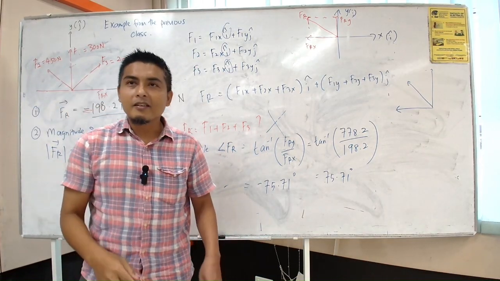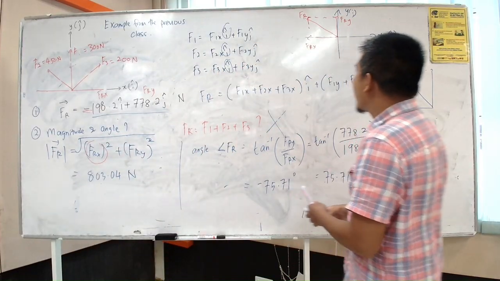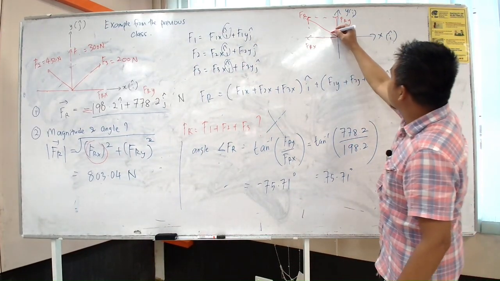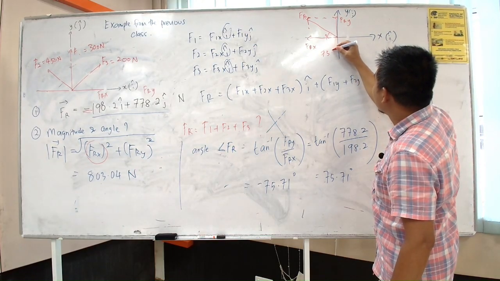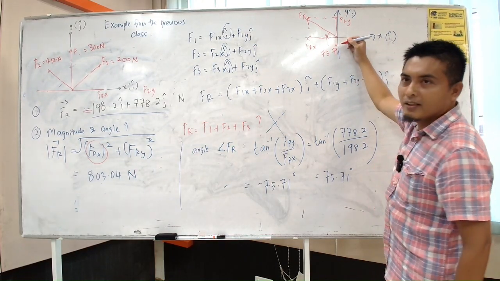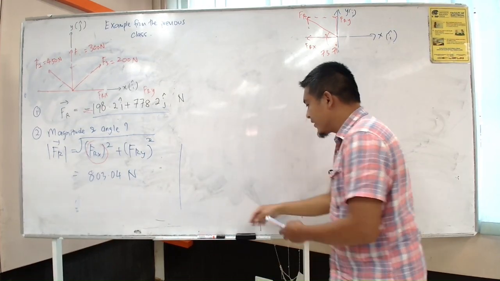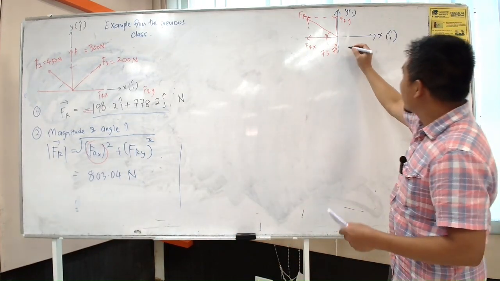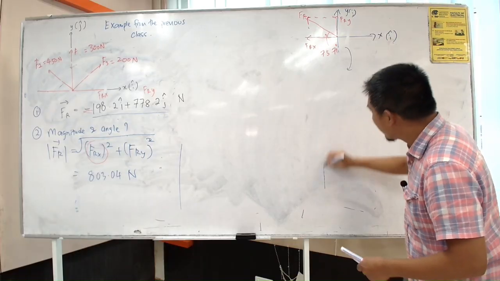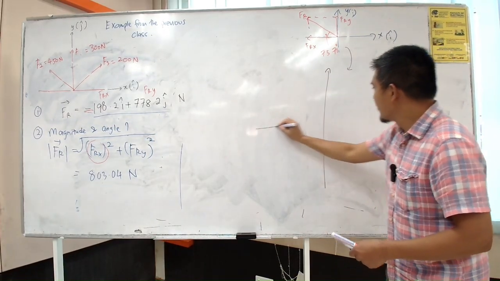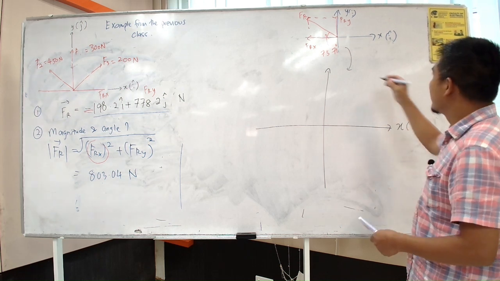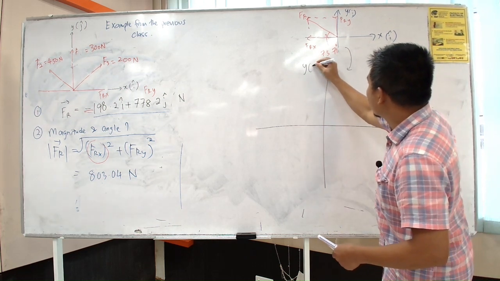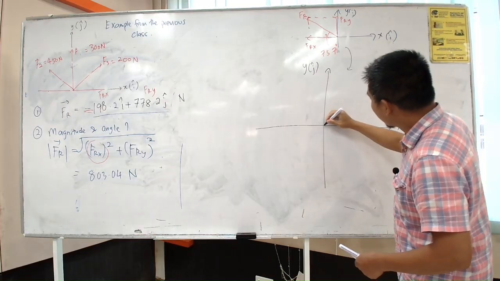Does it make sense? Yes. Okay, so it means that the angle here is 75.71 degrees. I will zoom in on this figure. This is X in I direction. This is Y in J direction. This is your FR.